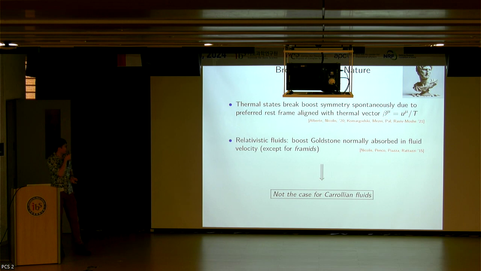But what happens in relativistic fluids and in Galilean fluids is that the Goldstone associated to the broken boosts gets absorbed into the fluid velocity, essentially via some kind of inverse Higgs constraint procedure, except for certain kinds of strange phases of matter.